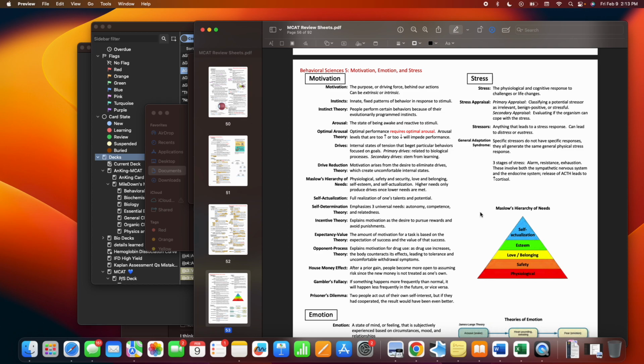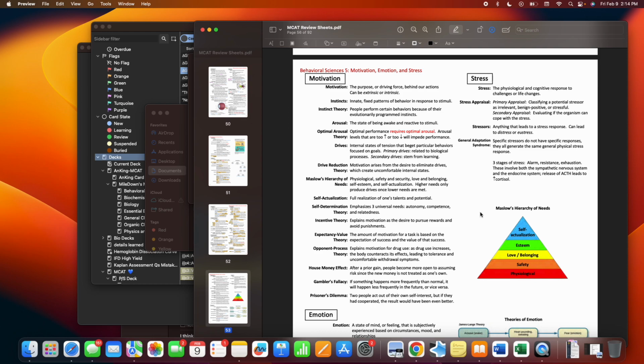But let's get back to long-term memory, which you can divide into the conscious and unconscious, right? So the unconscious is implicit, and explicit is conscious.